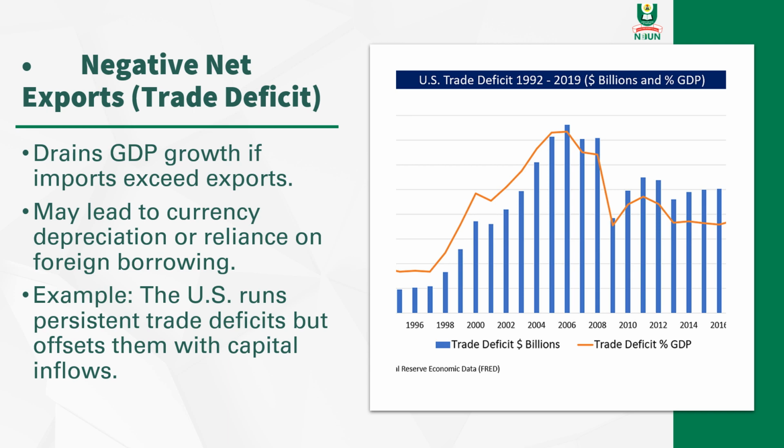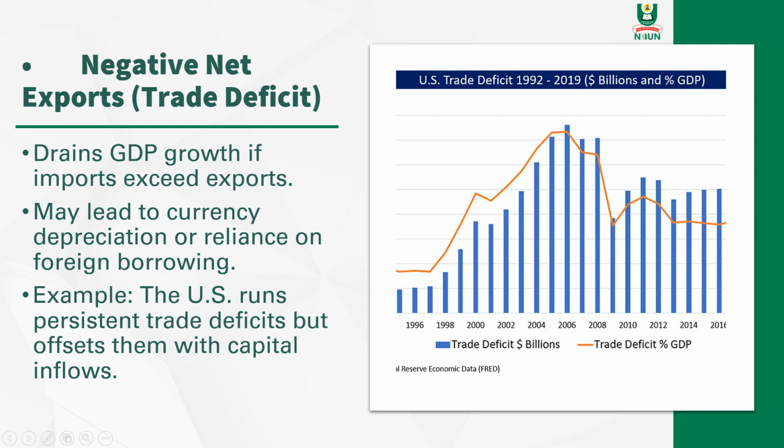When you look at the US, it has a trade deficit, but it offsets its trade deficit with capital inflows. When you look at this diagram here, you see from 1992 to 2019, the US is having trade deficits in billions of dollars, and it continues to grow, especially between 2000 and 2008.